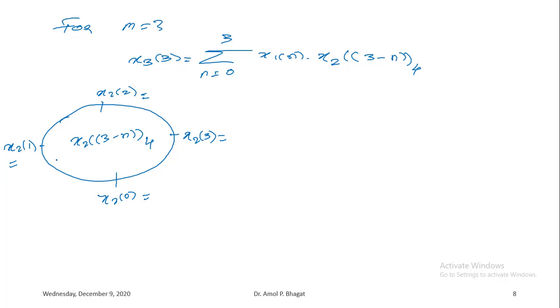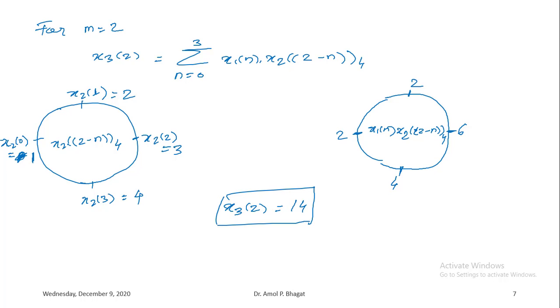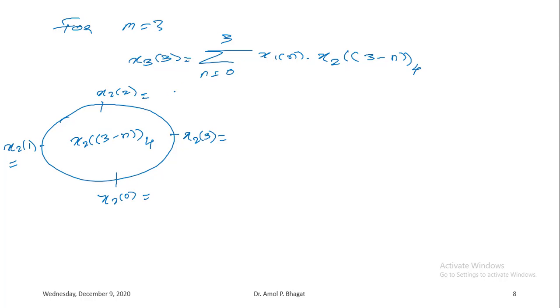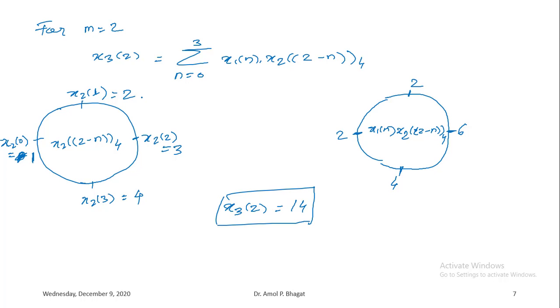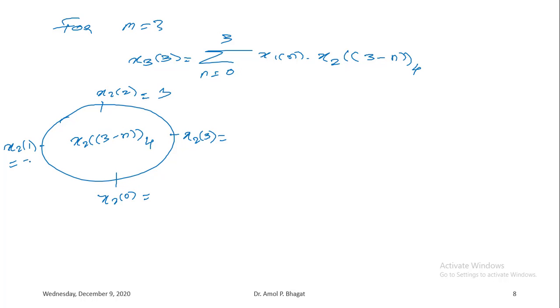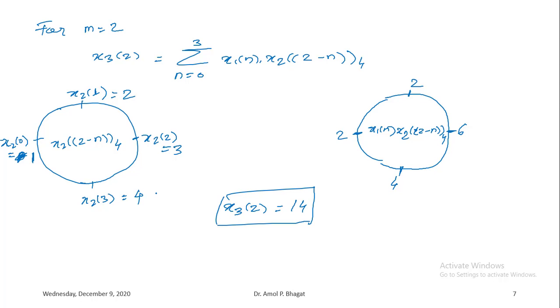So if I want to write down these values, x2 of 2 is 3, right? x2 of 1 is 2, x2 of 0 is 1, and x2 of 3 is 4, right?